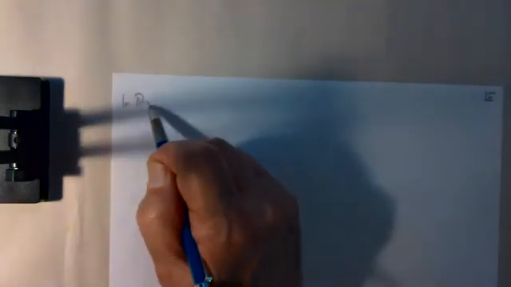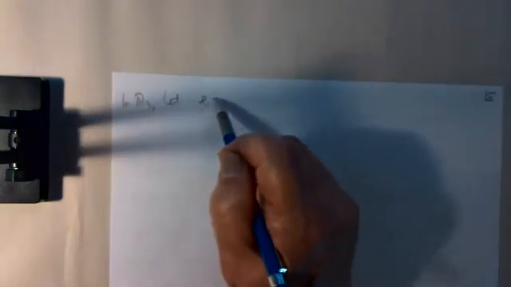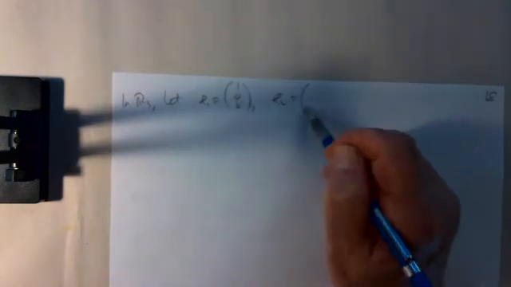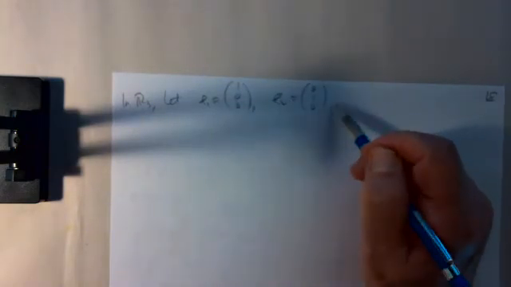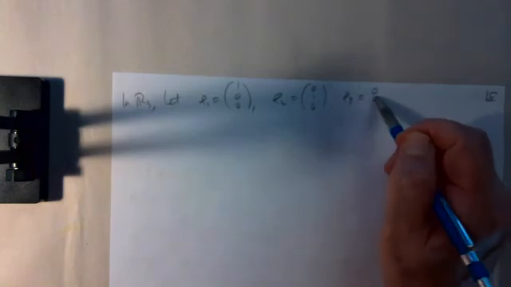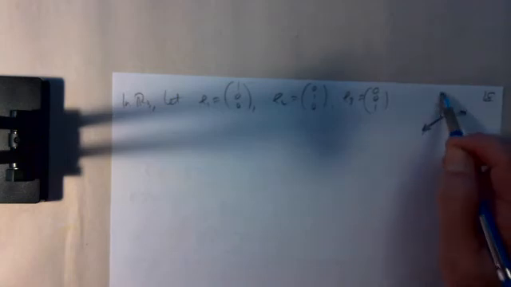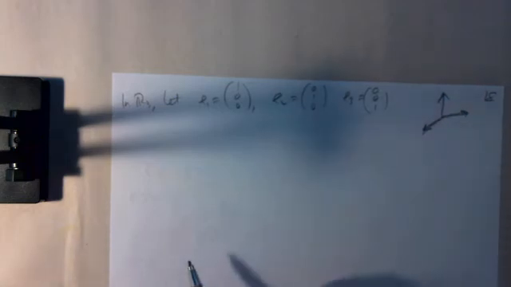Suppose we take R3, and we let E1 be the vector (1, 0, 0), E2 be the vector (0, 1, 0), and E3 be the vector (0, 0, 1). Geometrically, in three-dimensional space, these are the unit vectors in the x, y, and z directions.